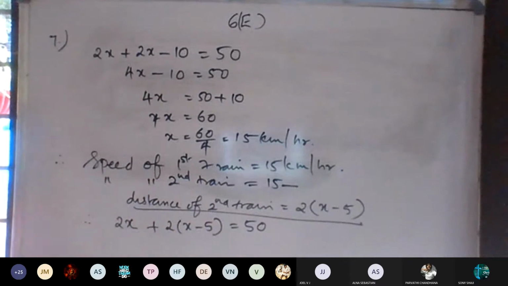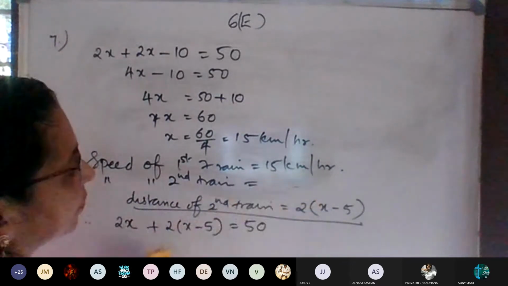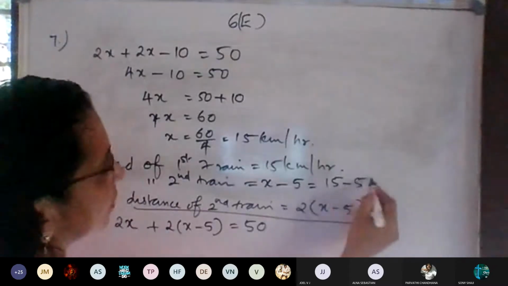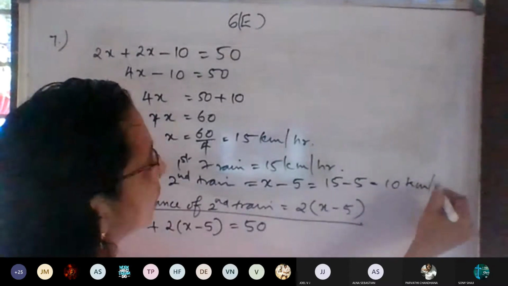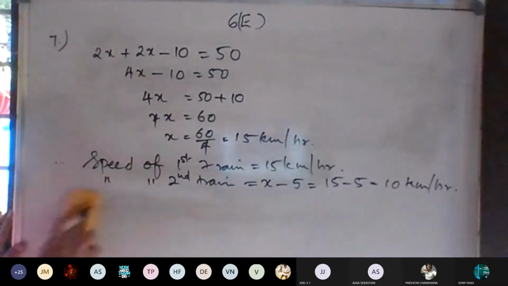What about the speed? The speed we assumed as x. So x minus 5 is equal to 15 minus 5, which is equal to 10 kilometer per hour. Understood?